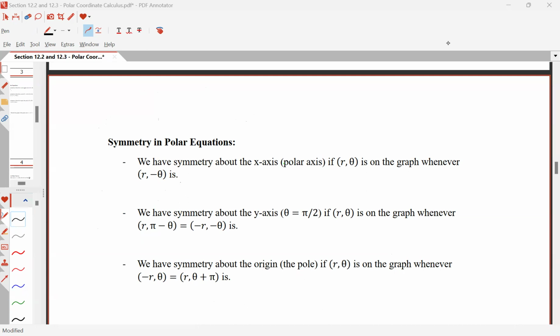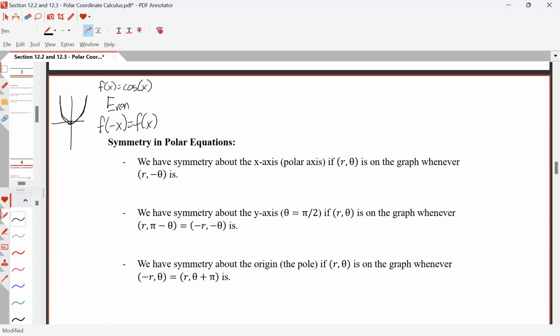And this symmetry is reminiscent of symmetry we had in Cartesian, where a graph or function was known as being even if f of negative x equaled f of x. Functions that were even were things like f of x equals x squared, a basic quadratic centered at the origin, or f of x equals cosine of x.